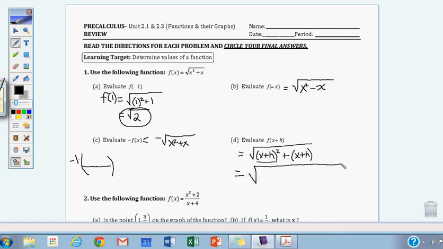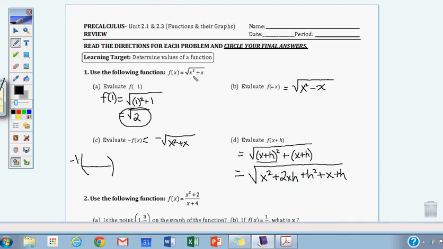Some of you will rewrite and FOIL that, that's fine, but you're going to get x squared, plus outside and inside will give you 2xh, last will give you h squared, and then you still have to tack on the plus x and the plus h. As you can see, there are no like terms there, so there's no further we need you to go with that one.